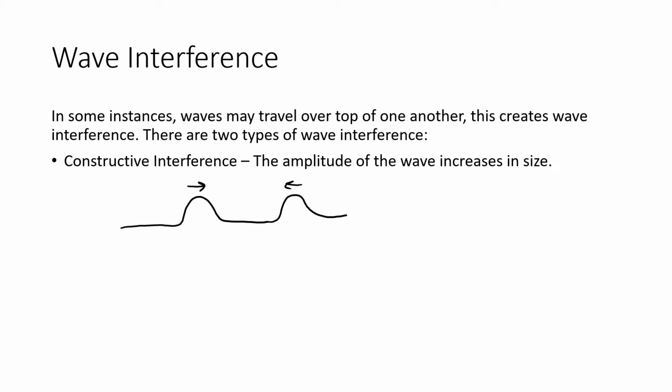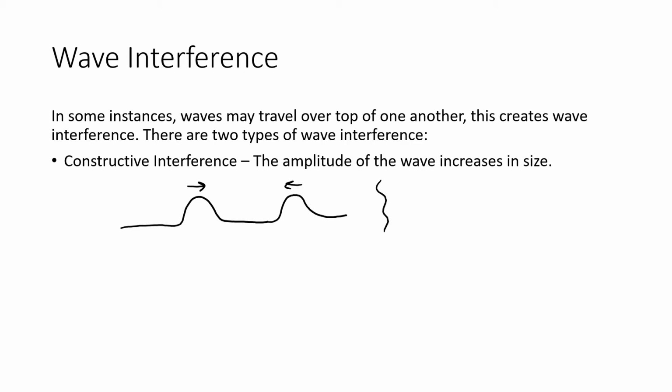when they meet in the middle, since they're both on top of this axis, they're both oriented upwards, they're going to add to each other. They're going to create one wave that is double in height, or these two amplitudes added together.